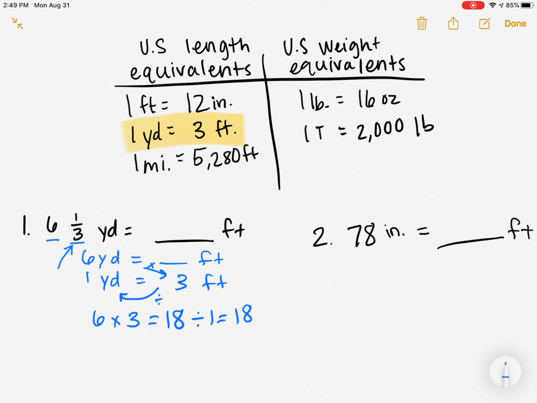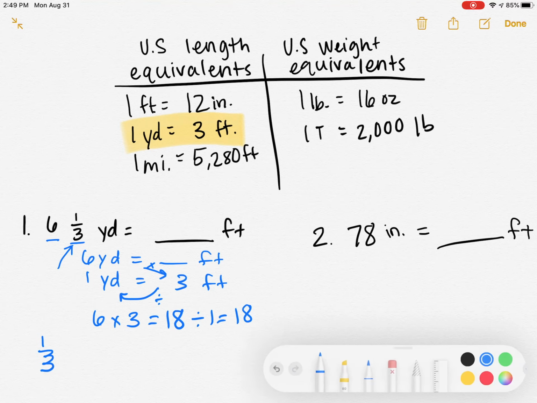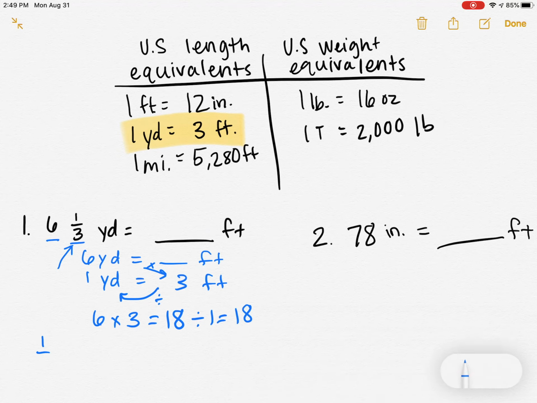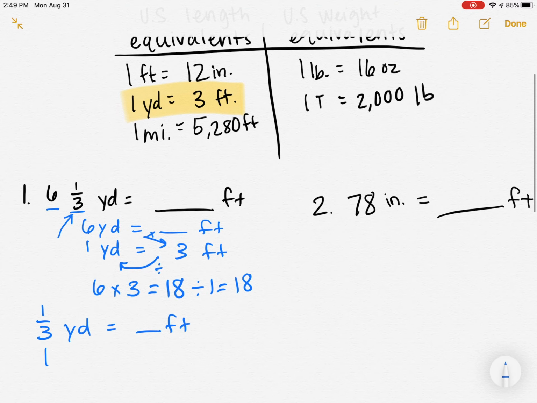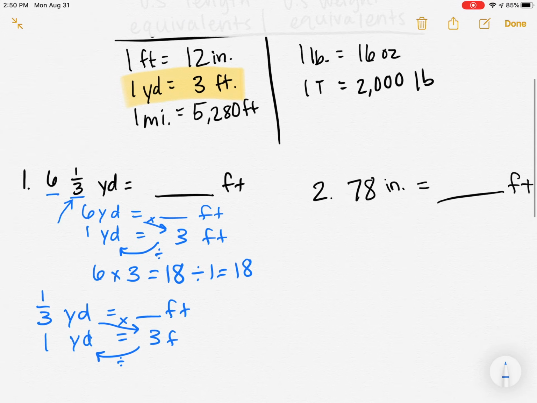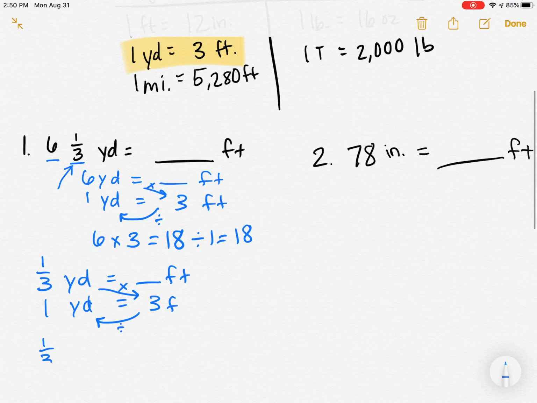Now we're not quite done because we need to work on that third now. We will do the same thing we did before. 1/3 yard is equal to how many feet? Let's use that conversion above. 1 yard is equal to 3 feet. Then let's cross multiply. 1/3 times 3 divided by 1.